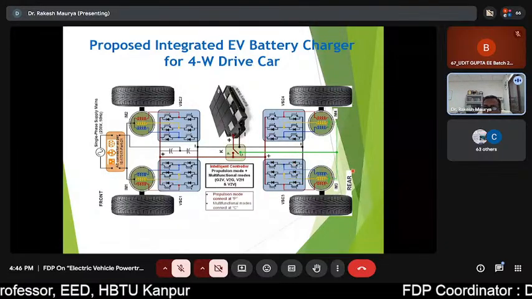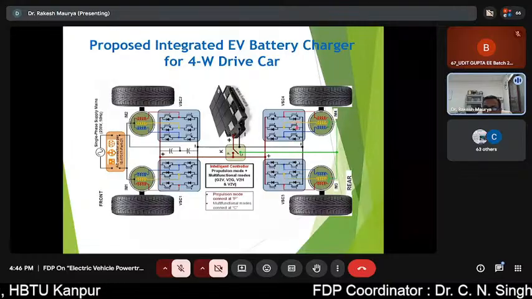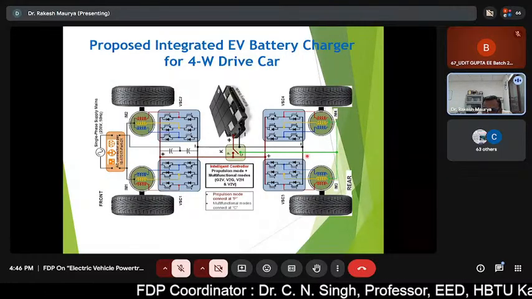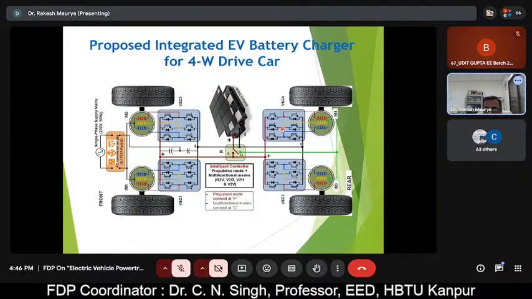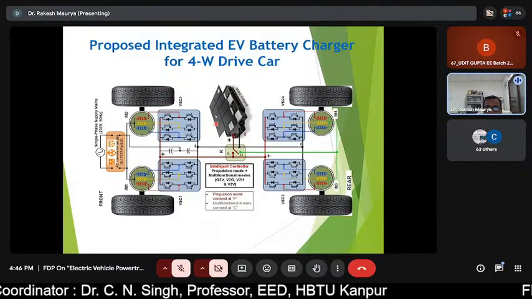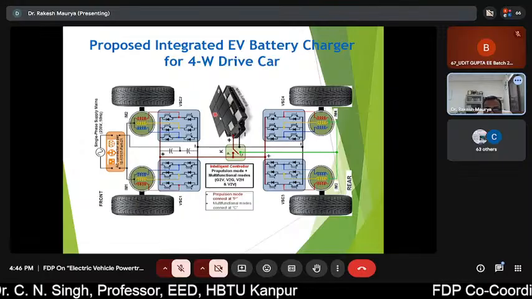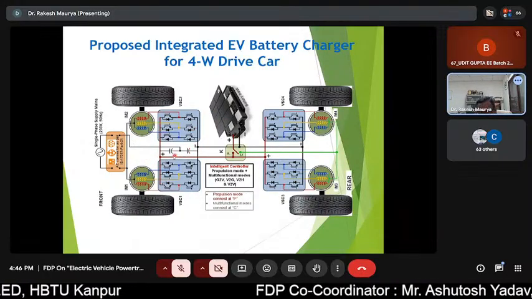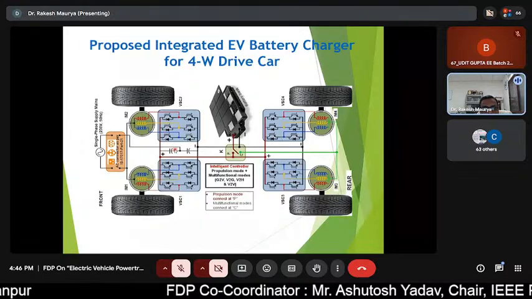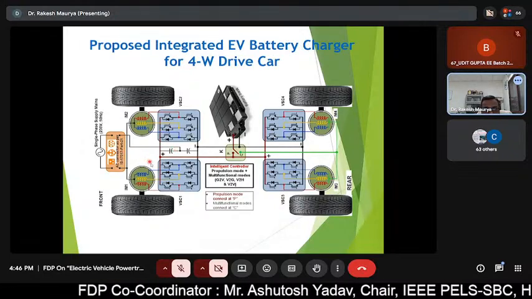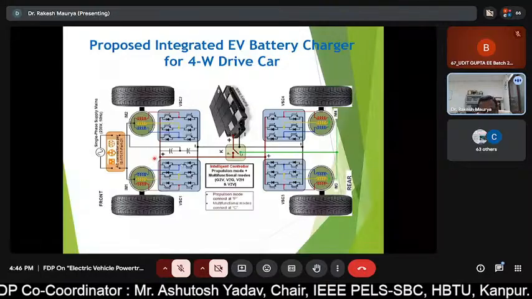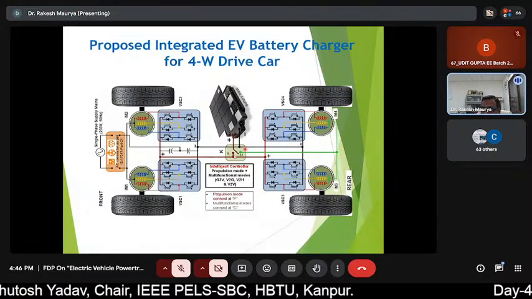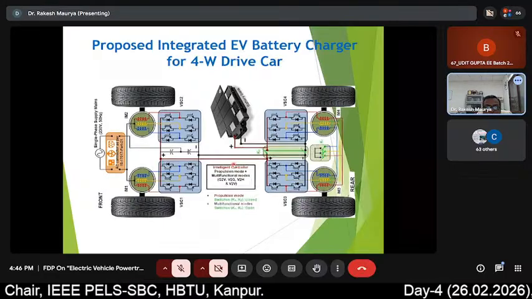So the rear wheel VSC along with their motor can be utilized as a DC to DC buck converter, and can be used to charge your battery at a very high rate. So here also we can use these components to facilitate charging. Only one relay switch needs to be incorporated where the charging can be established.